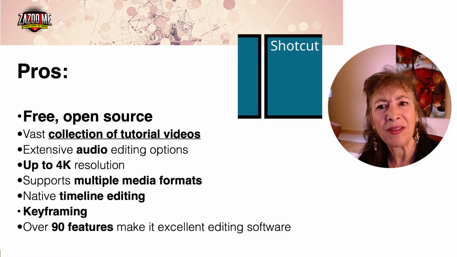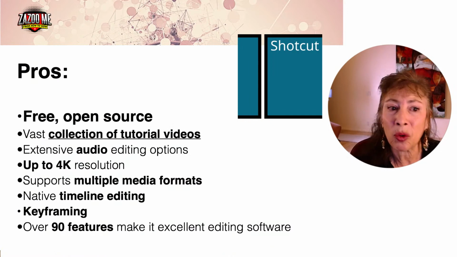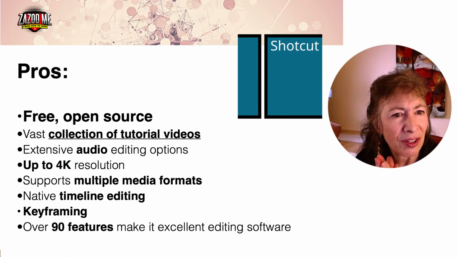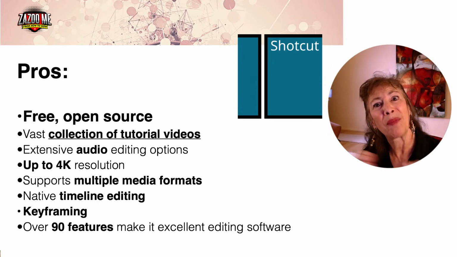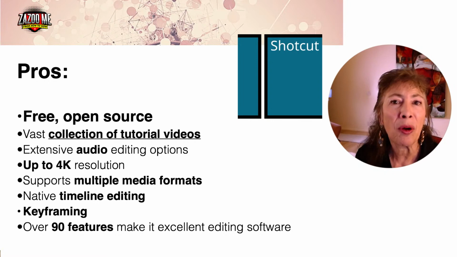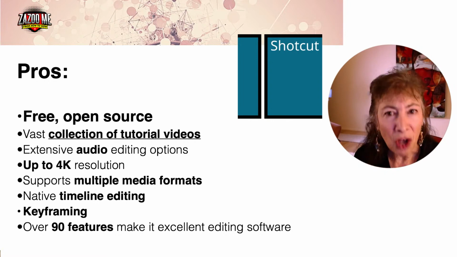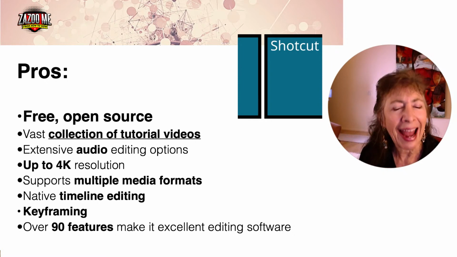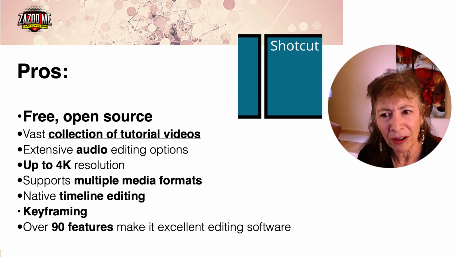Let me look at the features. So it's also open source, just like Openshot. They both have the shot in their name. So there's Openshot and there's Shotcut, and they're both open source software, which means that anyone can improve them and add to them and help make it better.